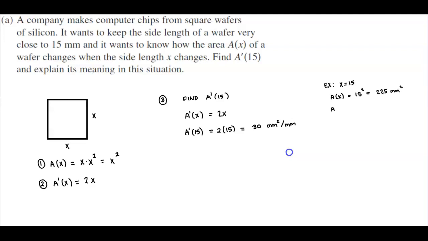And if we wanted to find the area when x is equal to 16, that would equal 16 squared, which gives us 256 millimeters squared. If we take the difference between these two, we get about 31, which is approximately similar to what we got for our answer in part 3.